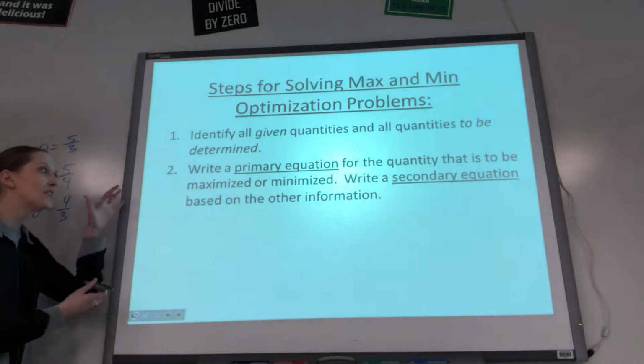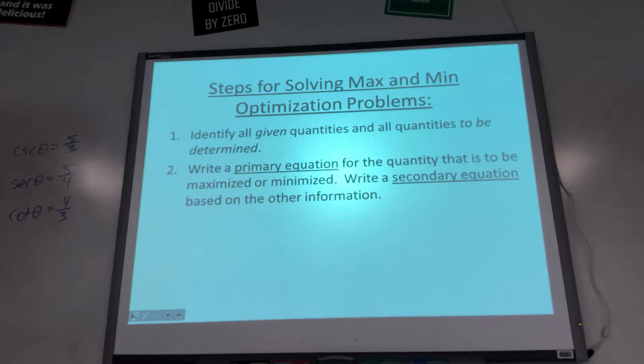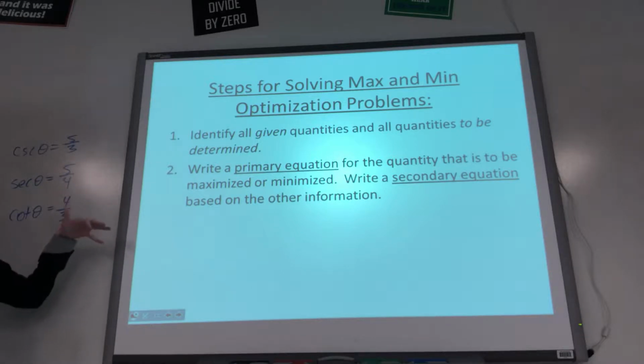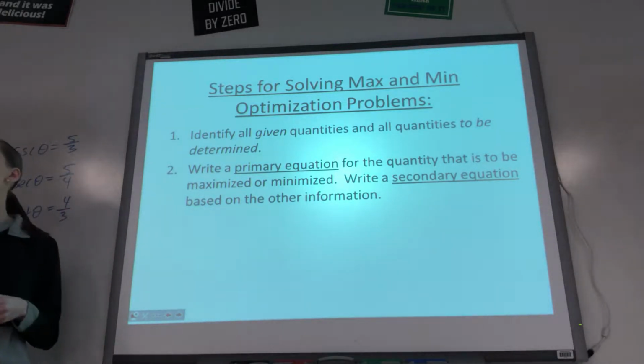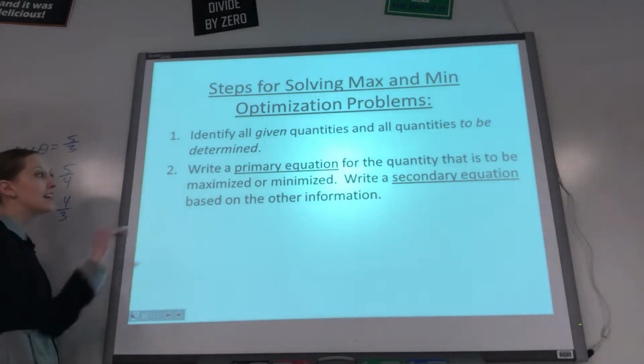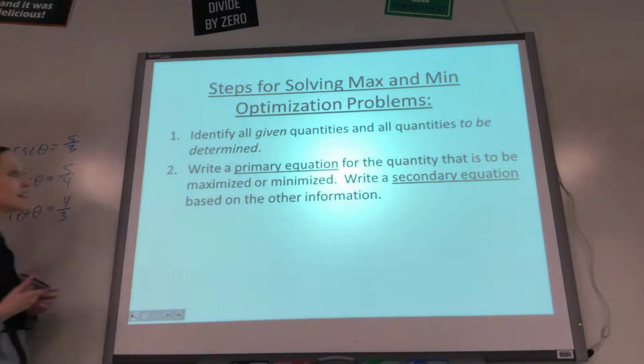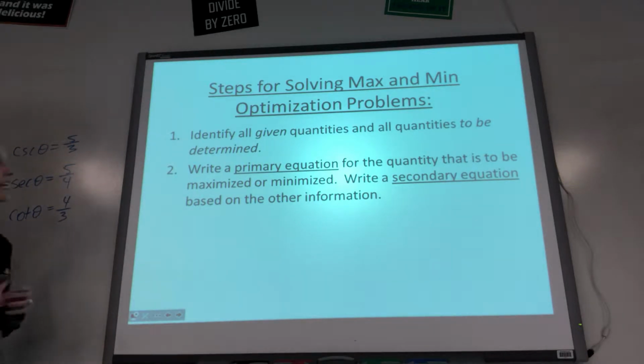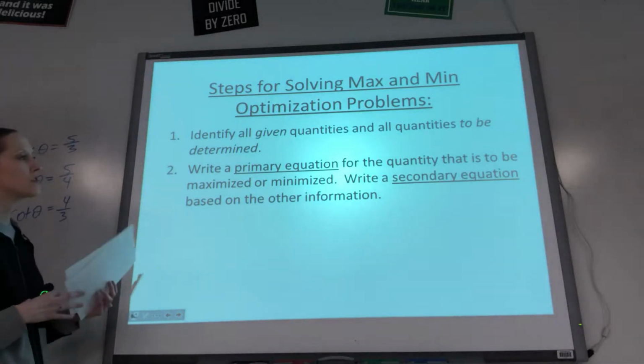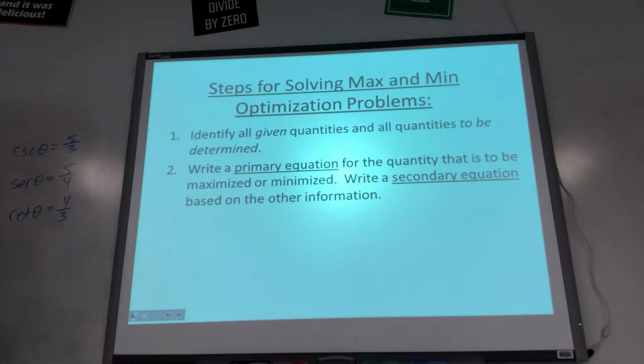All right. Now, step two is a good one. This is very important here. This step explains how to set up your equations. There's two equations, primary and secondary. It says write a primary equation for the quantity that is to be maximized or minimized.